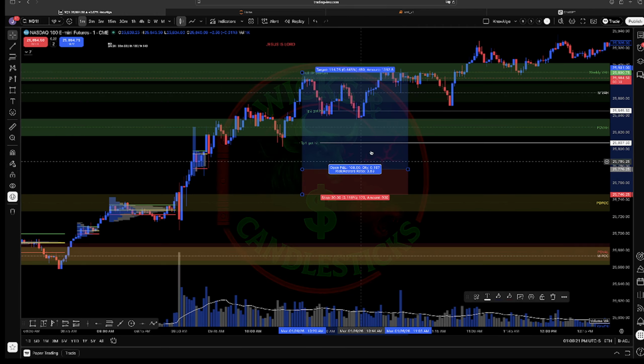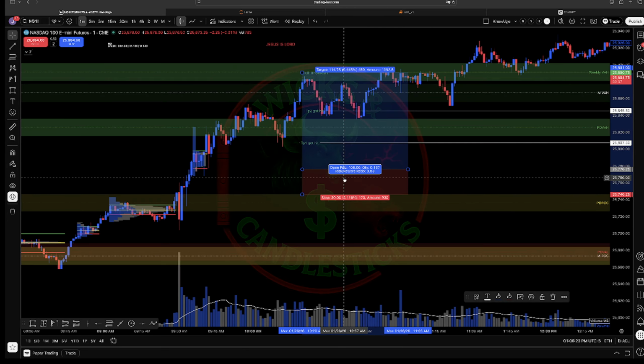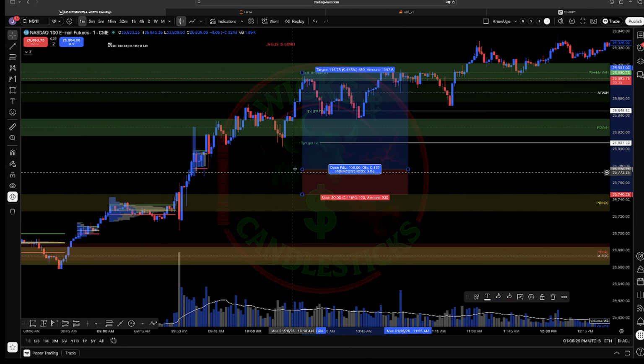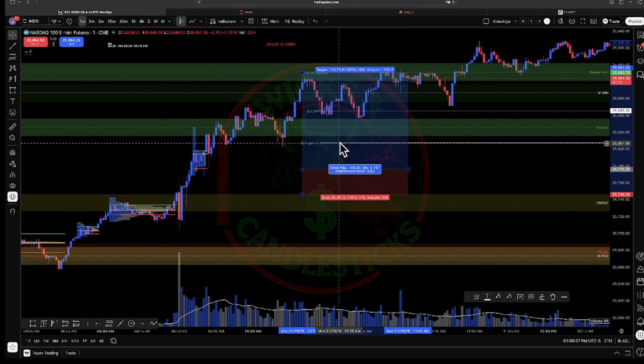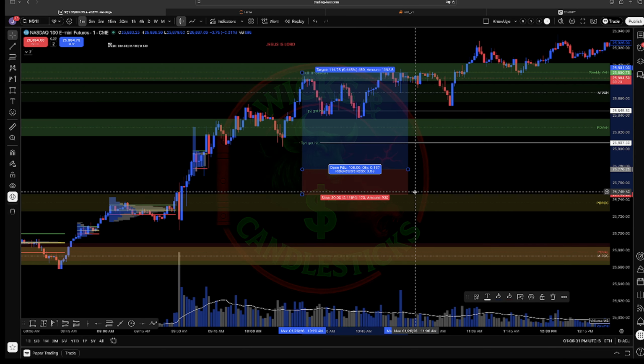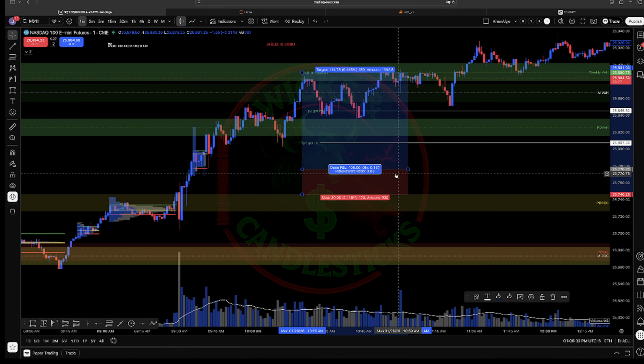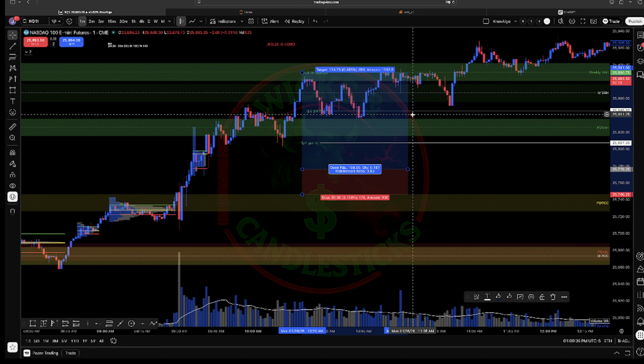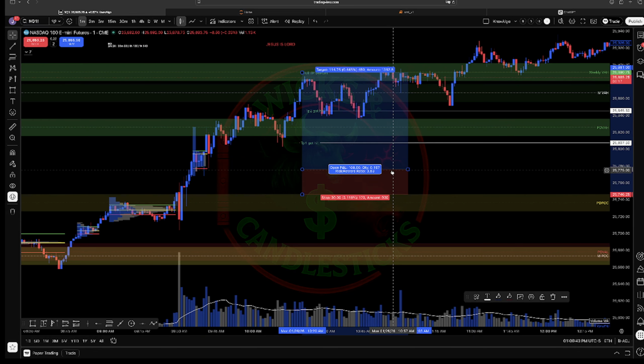And so what I always like to do, if my stop loss is 30 points, my TP1 is always going to be 30 points. I do not move my stop loss to my entry until I hit a TP2. If I hit a TP2, that is when I'll move my stop loss here, because at this point if price goes here and then comes all the way down, it will stop me out.